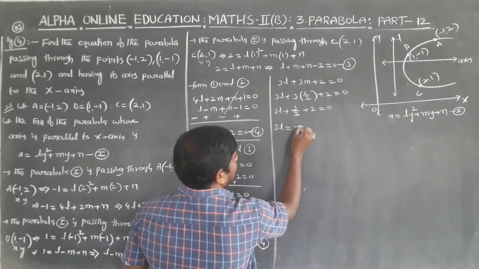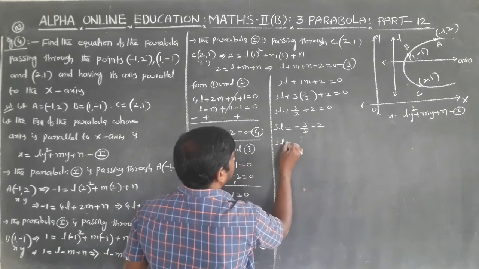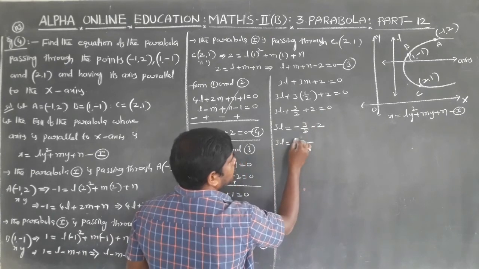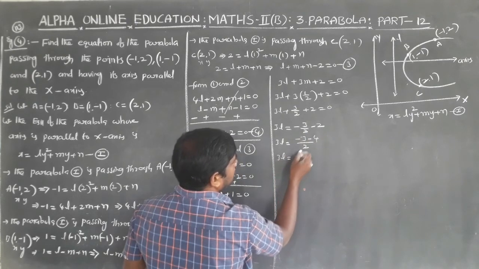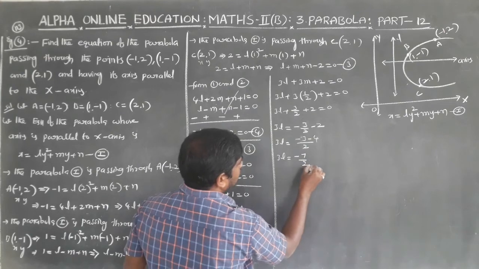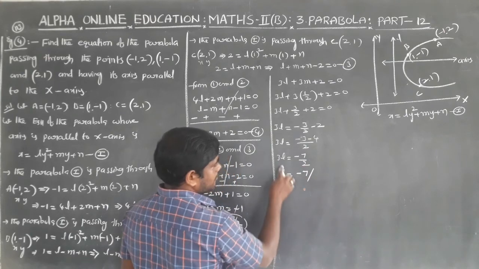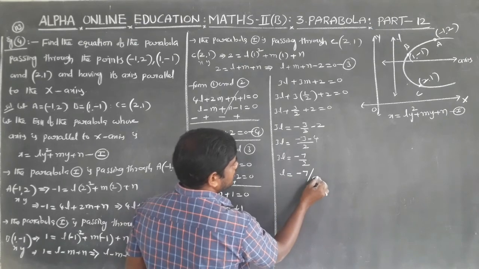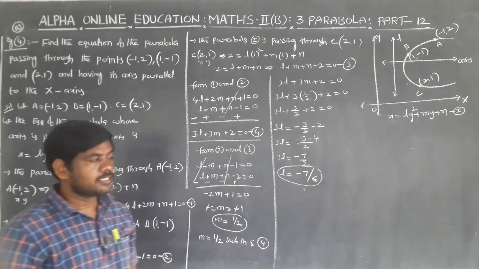Taking the two terms to the right side, minus 3 by 2 minus 2. Here LCM is 2, minus 3, 2 2s are 4, so 3L is equal to minus 7 by 2. L is equal to minus 7 by 3 2s are 6, so L is equal to minus 7 by 6.